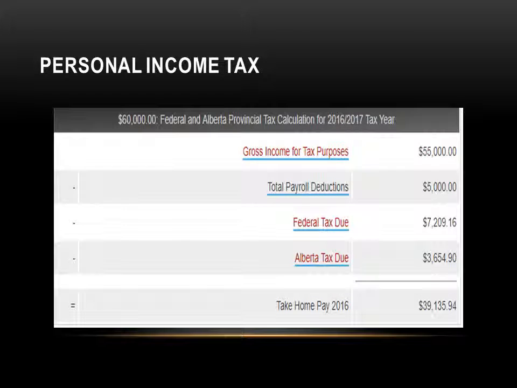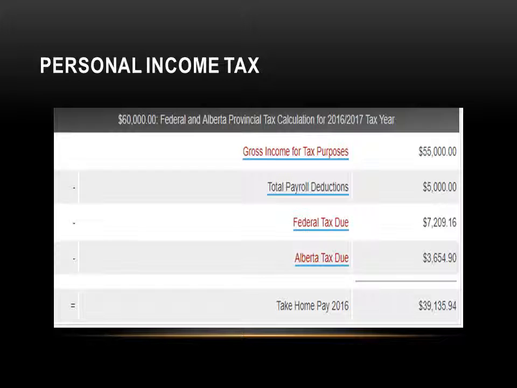Here is an example, a simple computation for personal income tax. Based on the table, the individual has a $60,000 annual income. I've also got the table from Alberta. The gross income for tax purposes, which I've mentioned, is the total taxable income.